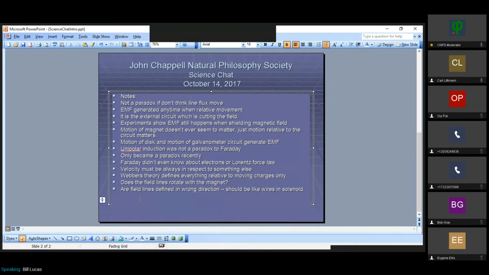So, Bill, maybe you could tell us then, what basically do those accelerator experiments show with regard to where the seat of the EMF is, in the magnet or otherwise? Well, when electrodynamics was developed, the things that were measured were fields.